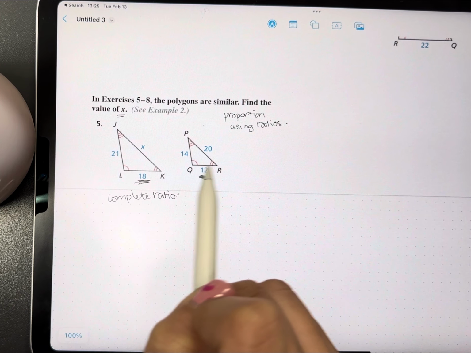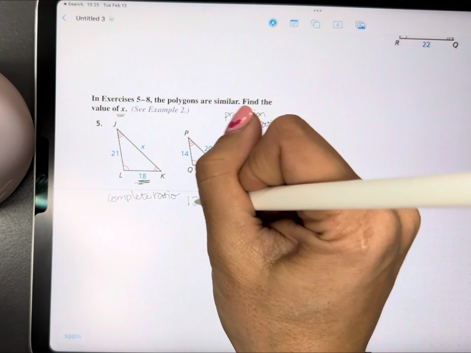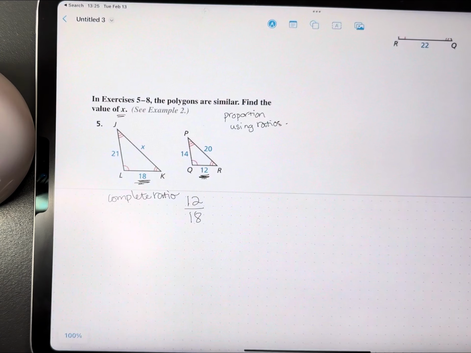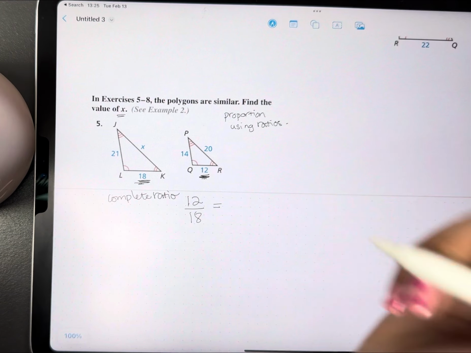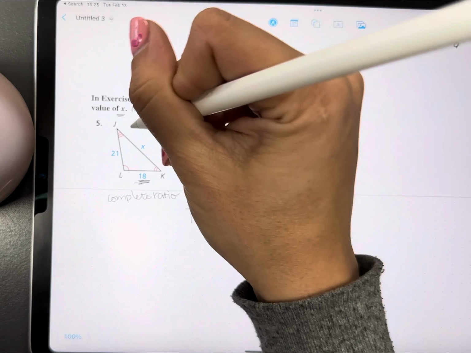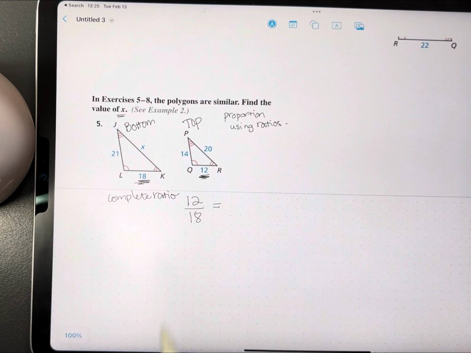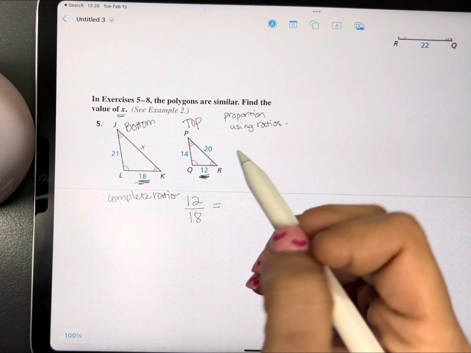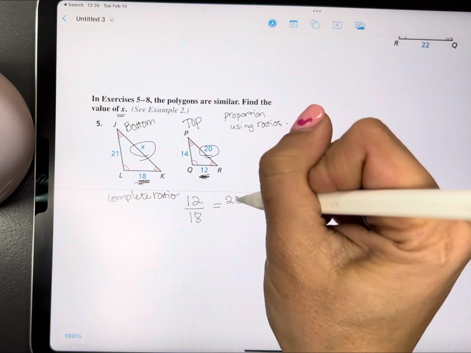So I have 12 and 18 as an option, or 14 and 21 as an option. It doesn't matter. So I'm going to take 12 over 18. And then I'm going to label it, this is top, this is bottom. I'm going to follow the same pattern, even though now it won't matter. I'm still going to do it right, so that I'm in the right habits. And then that corresponds to 20 over x.